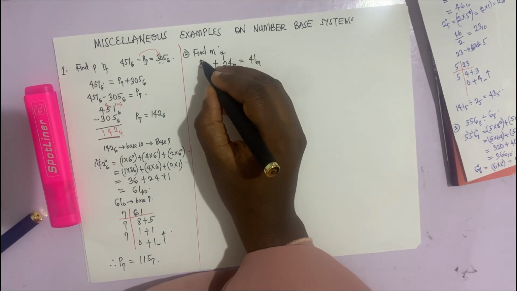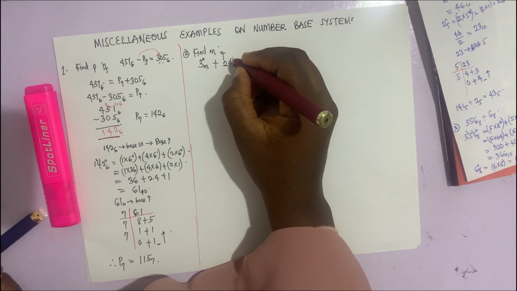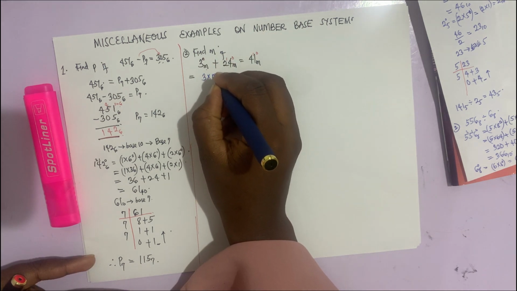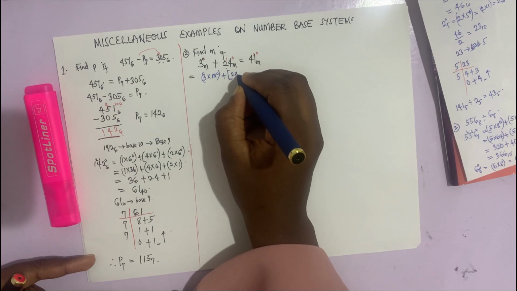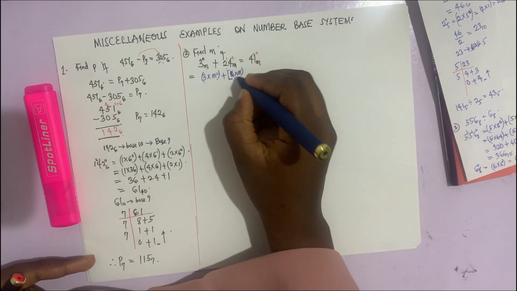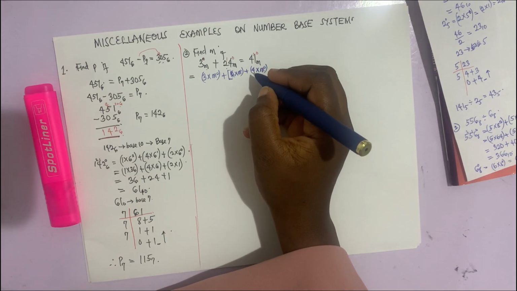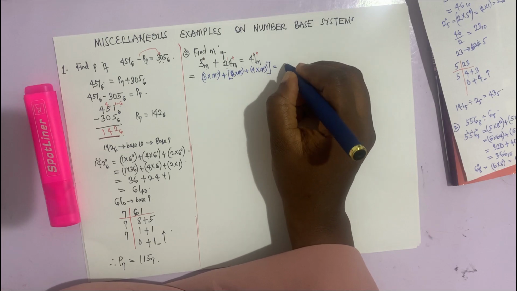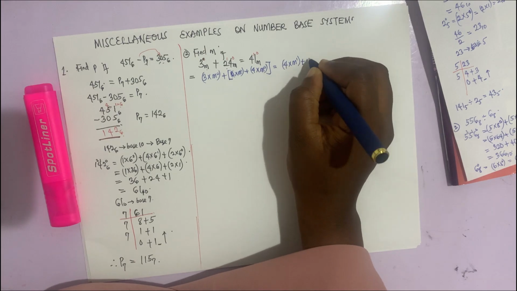This 3 is one digit, so it would have 0 as an index. This one will have 0, 1, this one 0, 1. So 3 times m raised to the power 0, plus 2 times m raised to the power 1, plus 4 times m raised to the power 0, is equal to 4 times m raised to the power 1 plus 1 times m raised to the power 0.